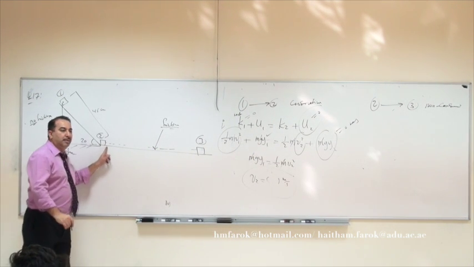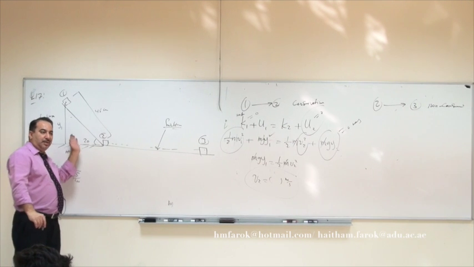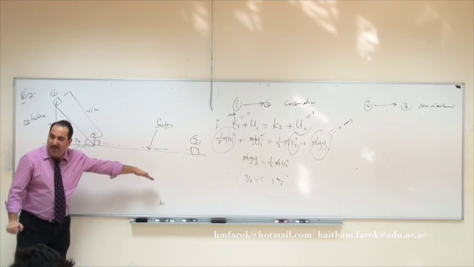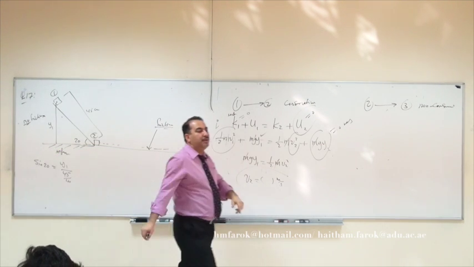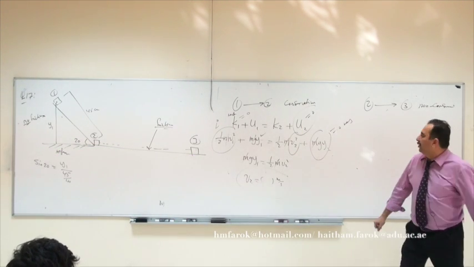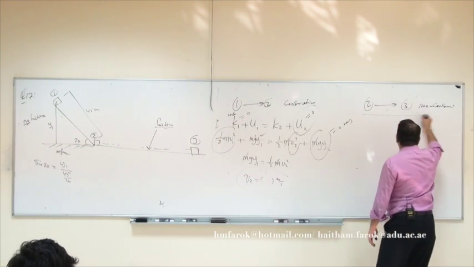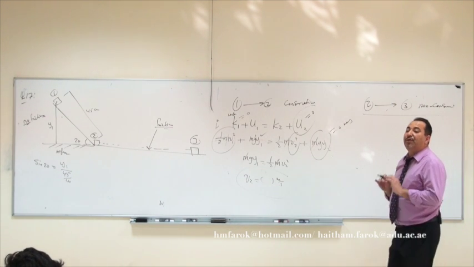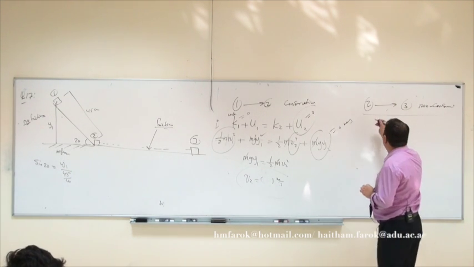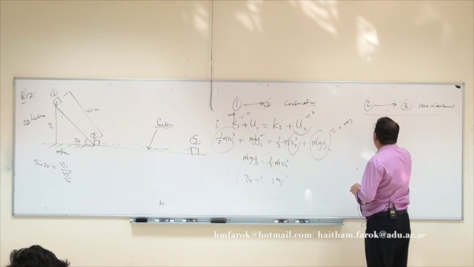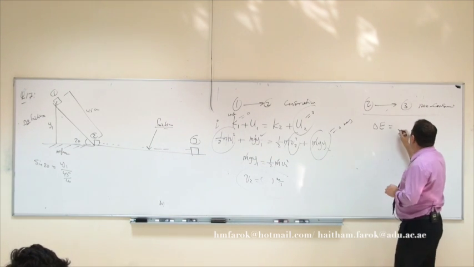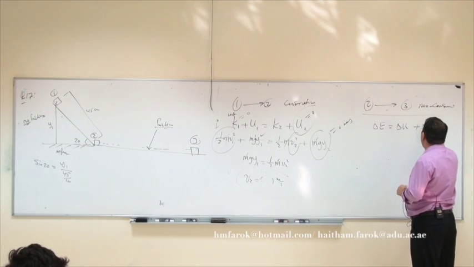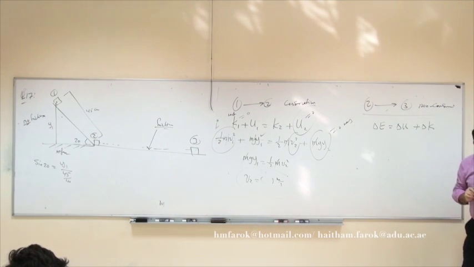Now, v2 is the boundary between conservative and non-conservative. So can I now use v2 on this side? From 2 to 3, conservative or non-conservative? Non-conservative. Good. This is the first time we practice non-conservative. What is the formula for non-conservative? Change in mechanical energy equals change in potential energy plus change in kinetic energy.